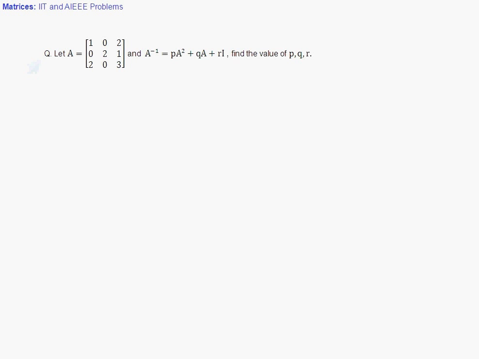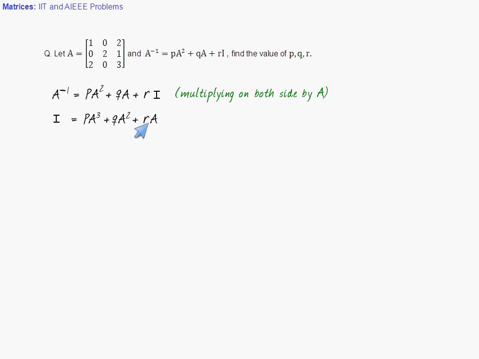In this a matrix is given and a relation A inverse equals PA square plus QA plus RI is given. Now, if I multiply this equation, both sides by A, I will be left with I. This will be PA cube plus QA square plus RA.